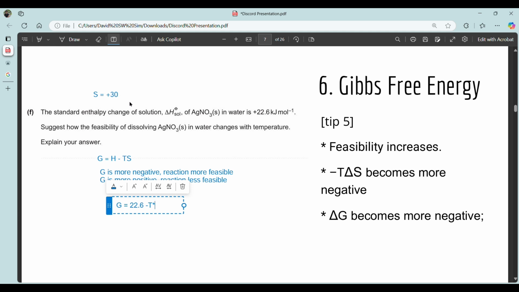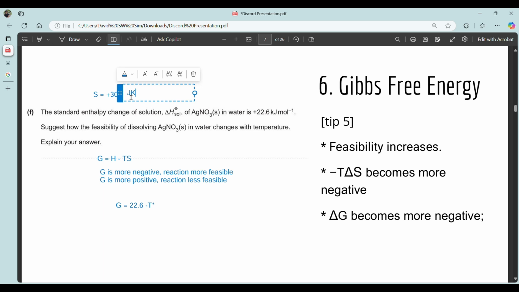One thing to know: when you calculate entropy change, it is always in joule per Kelvin per mole. It is not in kilojoule, it is just in joule.